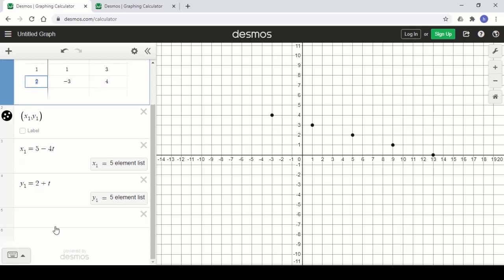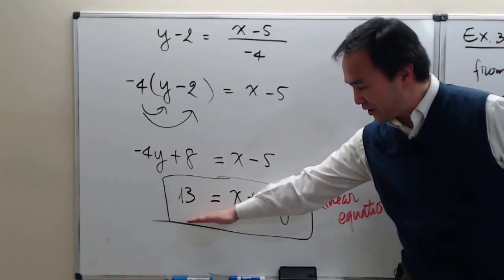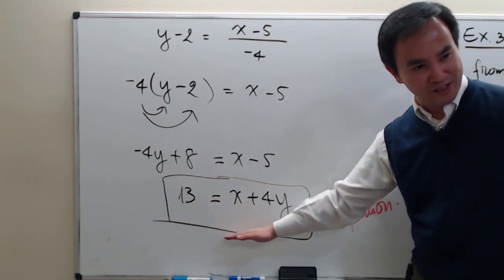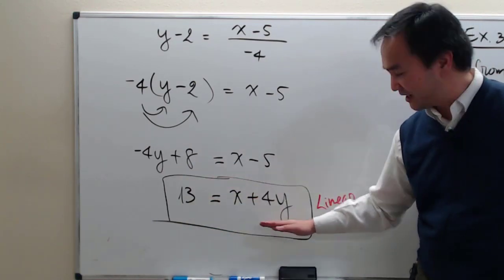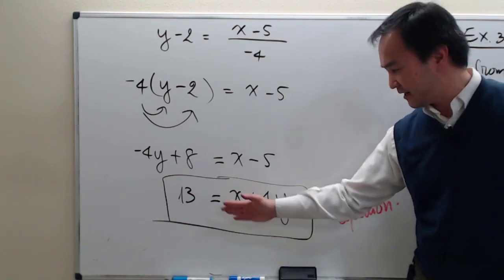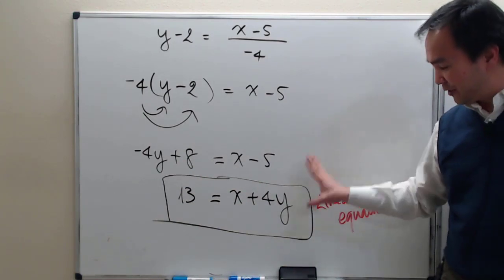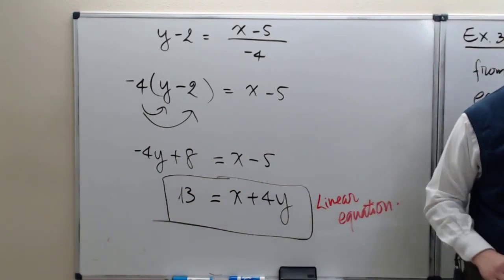So now on our board, I am going to graph this line together with what we've had on the Desmos screen. I'm going to graph x plus 4y equals 13, this linear equation, on the same graphing space.